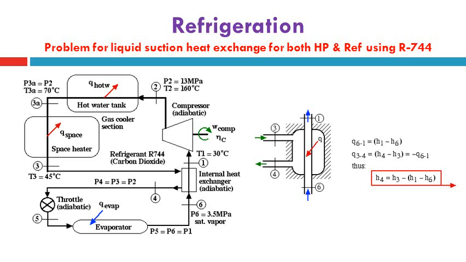As can be seen here, we have made the heat balance equation between these two sides of the liquid suction heat exchanger. The heat added to the suction line increases the temperature from point 6 to point 1, and reduces the temperature of the gas to be cooled from T3 to T4.